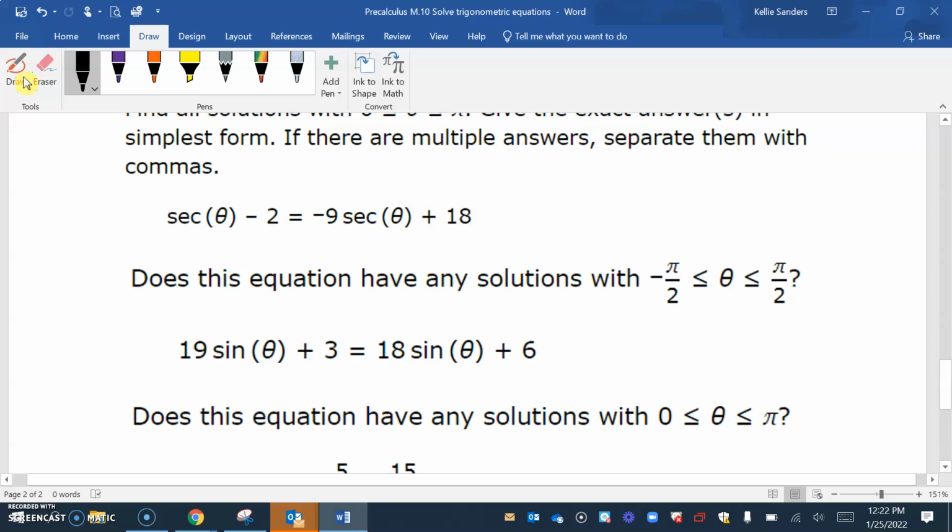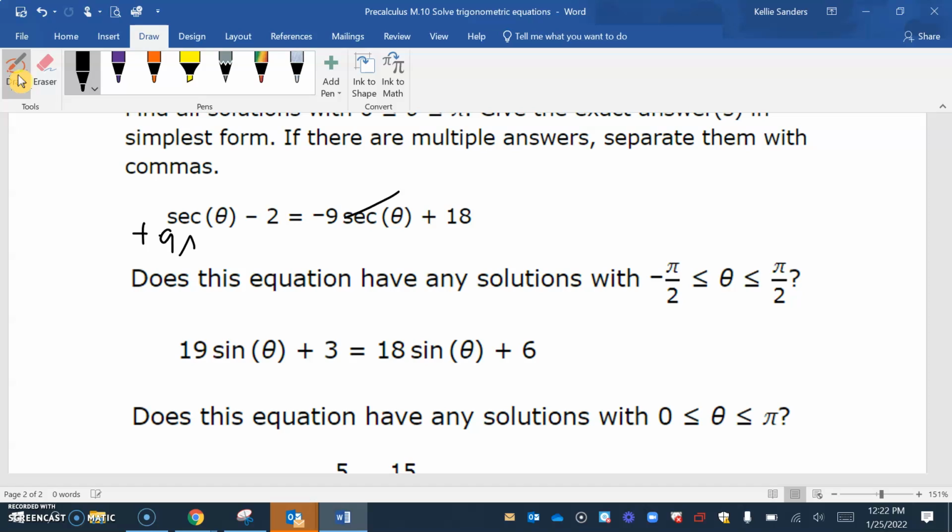Ooh, I did not give myself enough room on this one. Add 9 secant theta, add 2. There's a 1 right here, so 1 plus 9 is 10. 18 plus 2 is 20.